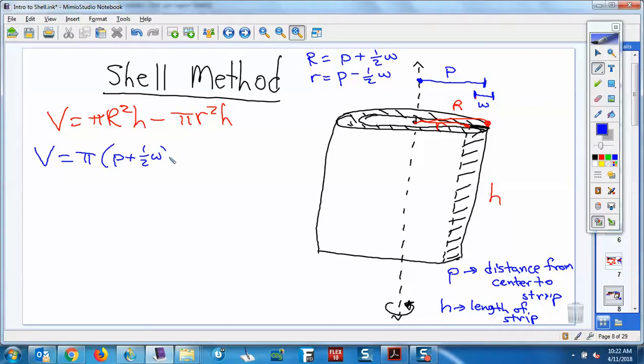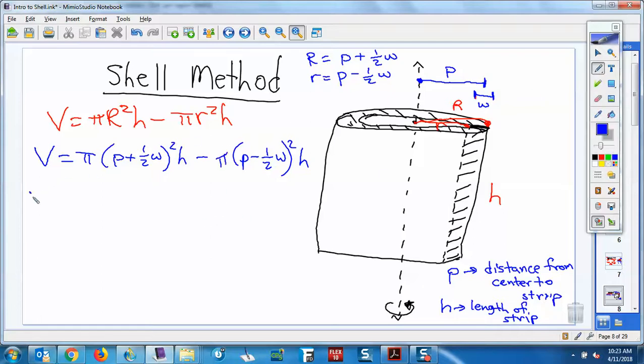This is a part you're never going to have to do again, so you don't have to write it if you don't want. And then pi, and then little r is going to be P minus 1/2 W squared, and then H, right? Like so. All right. That is not supposed to be P. That's supposed to be pi. But pi starts with a P, so it's close.